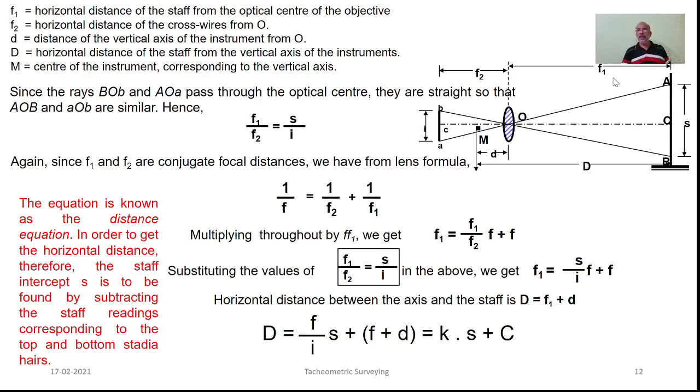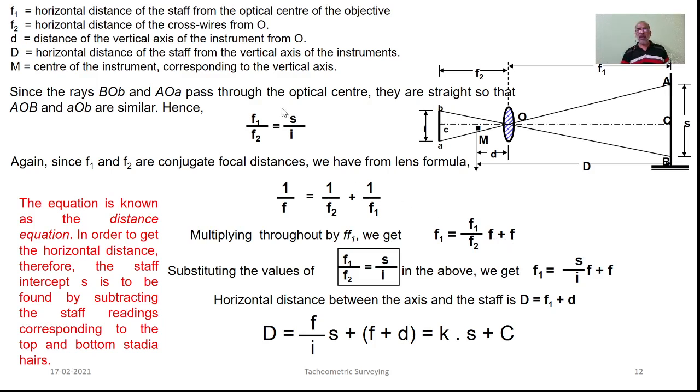Again, as I mentioned earlier, this f1 and f2 are conjugate focal distances. We can make use of the lens formula as 1 by f is equal to 1 by f1 plus 1 by f2. As we multiply both sides by f1, we get the expression f1 is equal to f1 by f2 times f plus f.